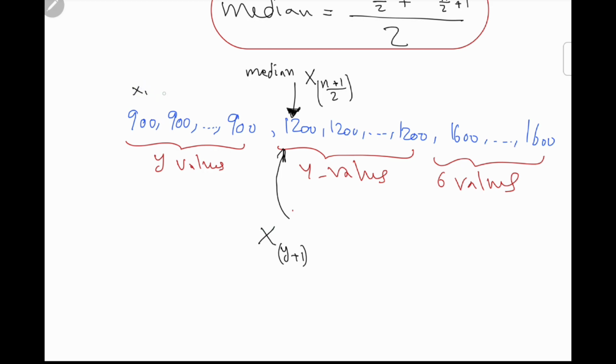Because here this is x1, this is x2, this is xy, and this is xy plus 1.